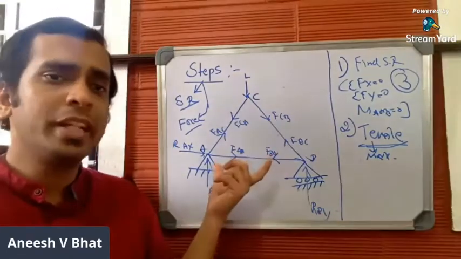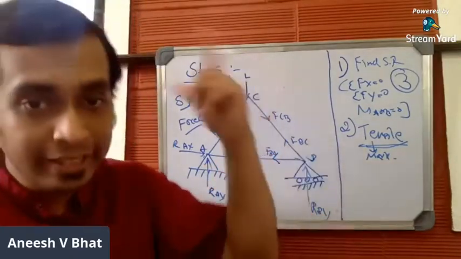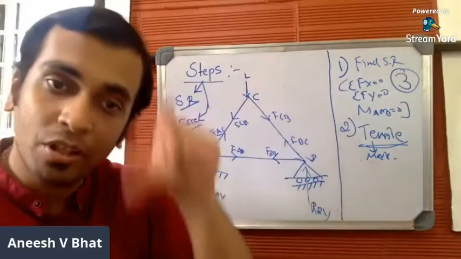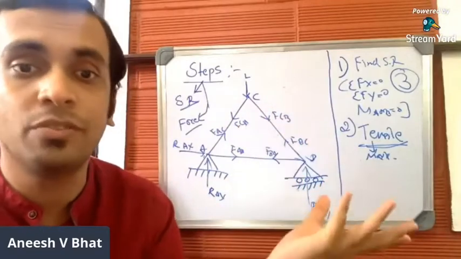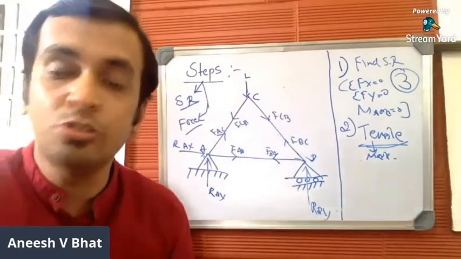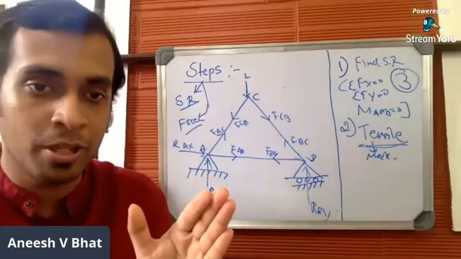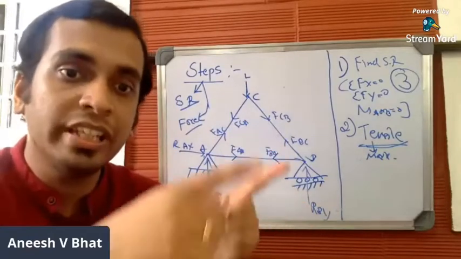If a particular straight member carries tensile force, when you find the force in the next step, if you get a positive answer, then your assumption is right. If you get a negative answer, then it carries compressive load instead of tensile. As simple as that. So we'll assume that all the straight members carry tensile load. If our assumption is wrong, we'll get a negative answer.